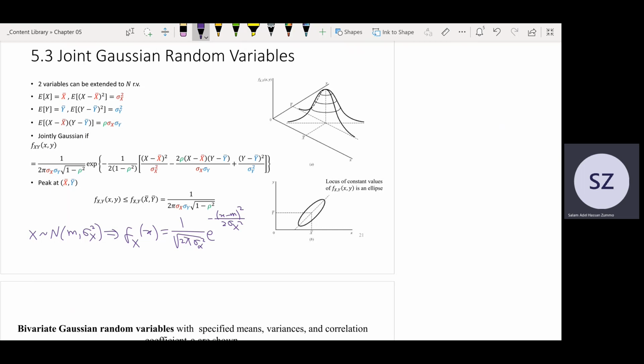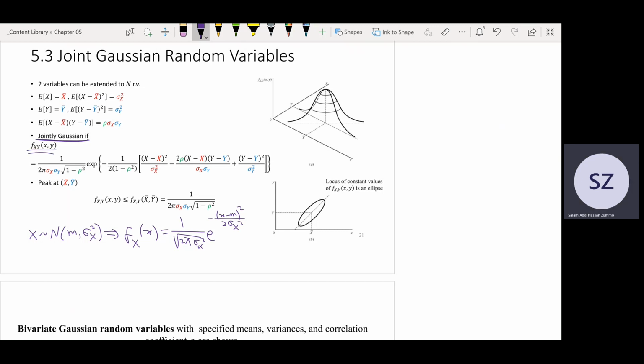Now, if y is Gaussian with a certain mean and a certain sigma y squared, it will look the same, except the mean will be different and the variance will be different. So now two random variables are said to be jointly Gaussian if they follow this PDF.